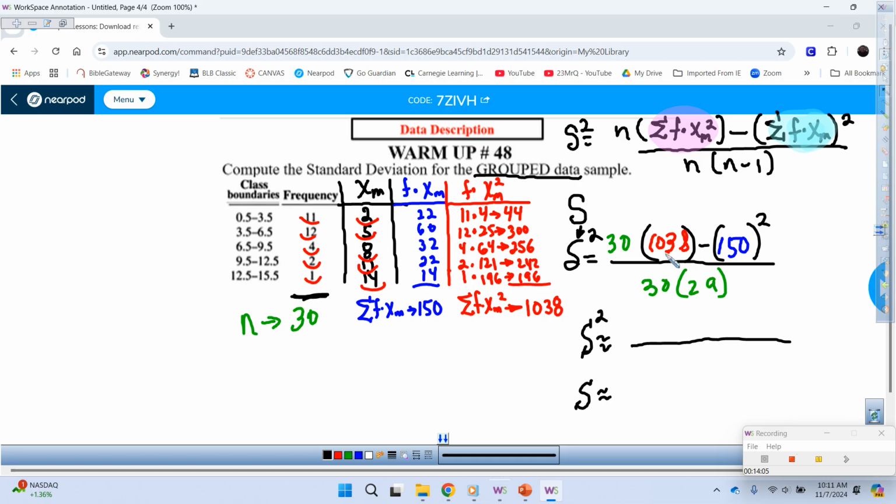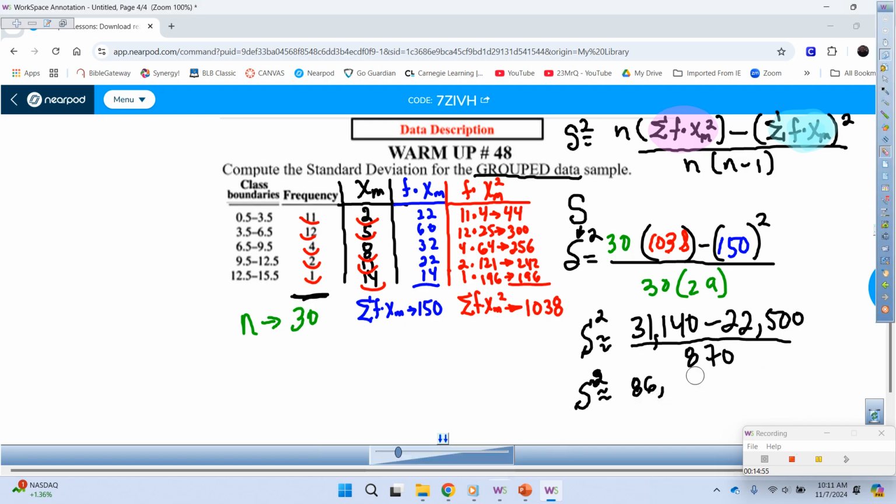What is that? 31,140 minus 150 squared, 22,500, divided by 30 times 29, 870. So then 31,140 minus 22,500 is 8,640.